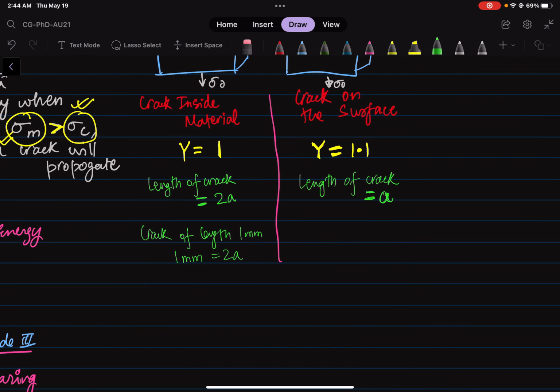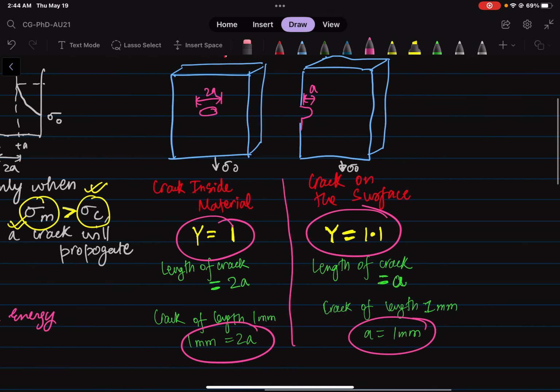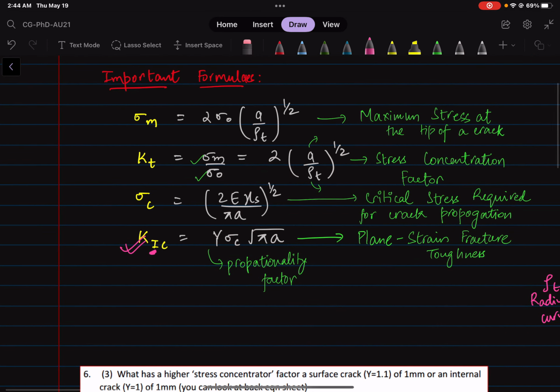So for the right hand side, if someone says that I have a crack on the surface of length 1 millimeter, then I'm saying that a equals 1 millimeter. So please note these two differences in these two locations of crack. And when you put in the values of a or Y, you have to be careful accordingly, for both a and Y, right?